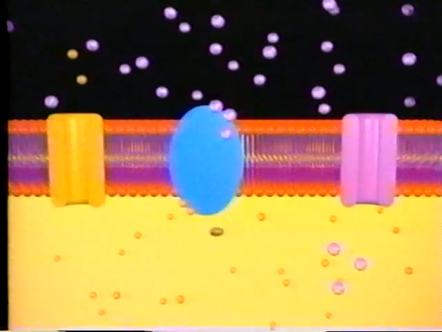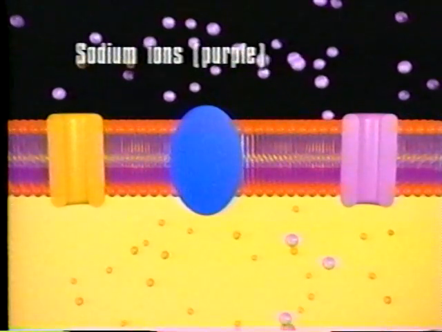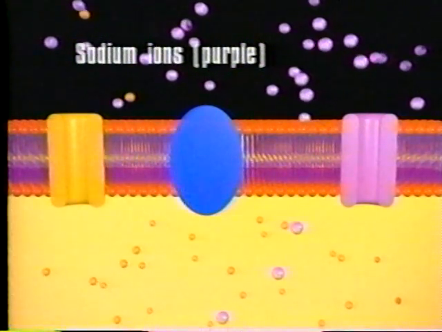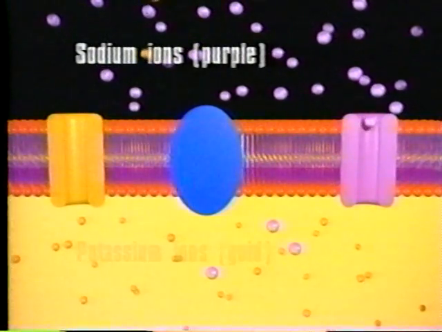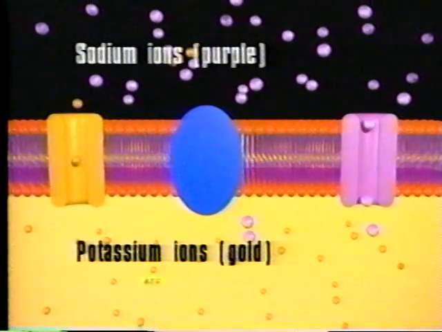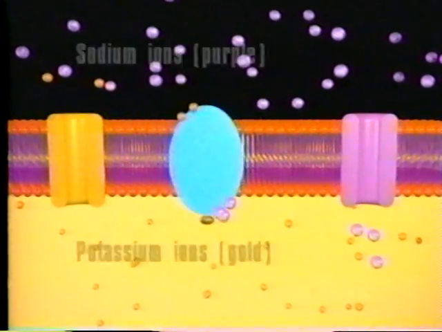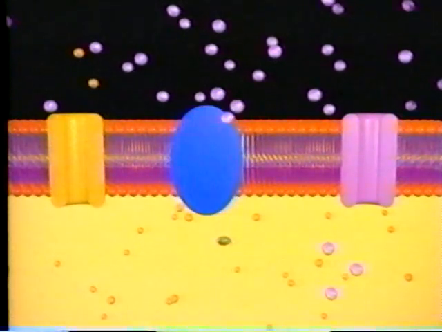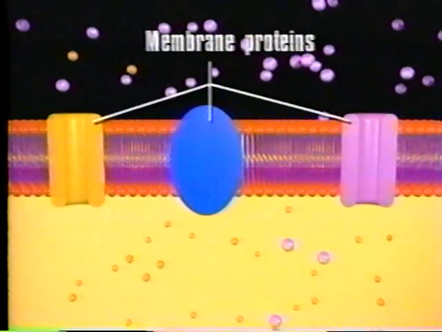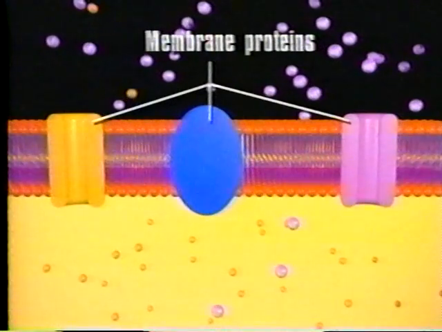Resting potentials and action potentials are caused by ion movement across the cell membrane. The concentration of sodium ions is greater outside the cell than inside the cell. The concentration of potassium ions is greater inside the cell than outside. This unequal distribution of ions is maintained by membrane proteins that function as channels or pumps.